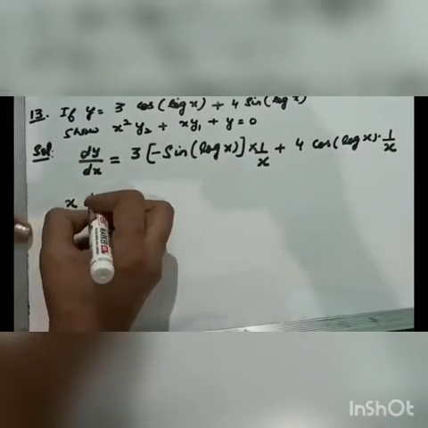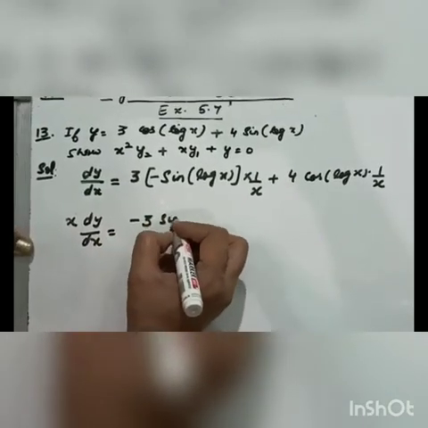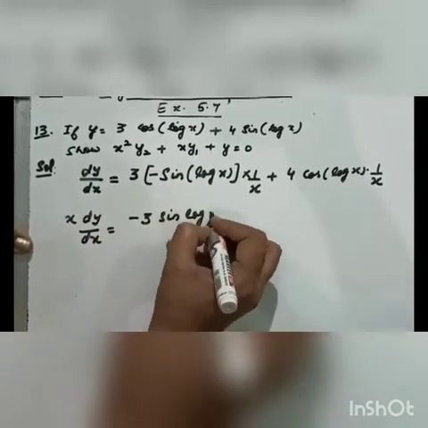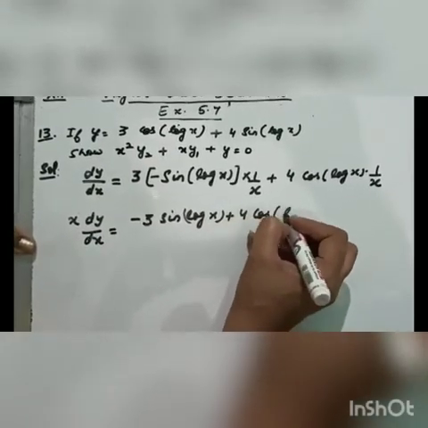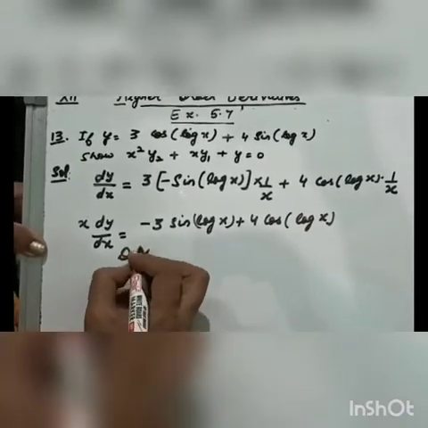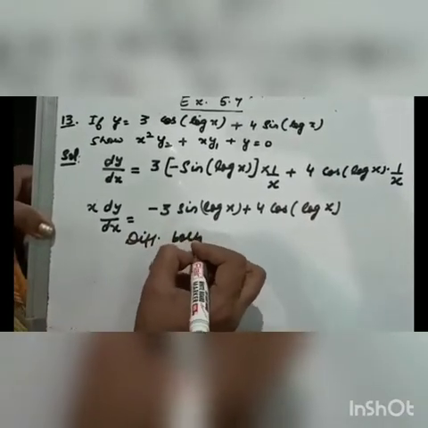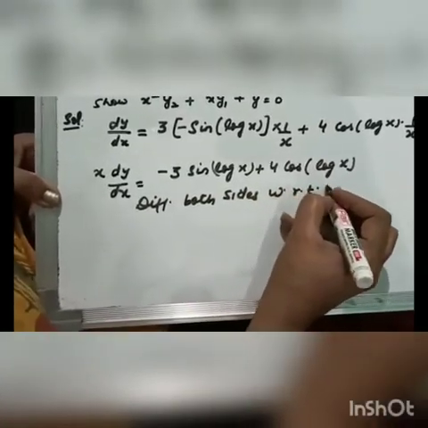So x dy by dx is equal to minus 3 sin log x plus 4 cos log x. Now again differentiate both sides with respect to x.